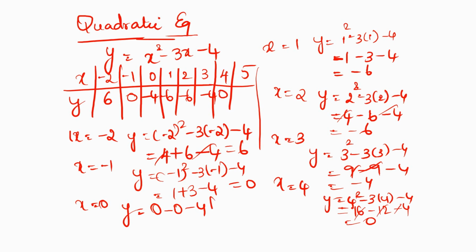For x equal to 4, I got 0. For x equal to 5, I got 6.